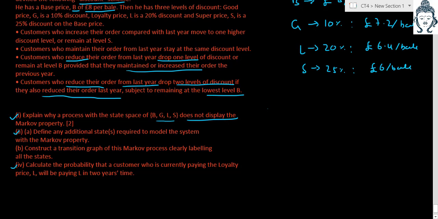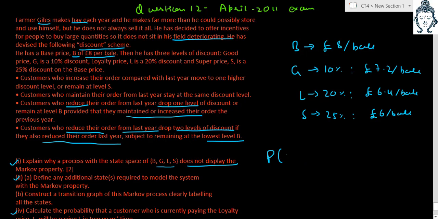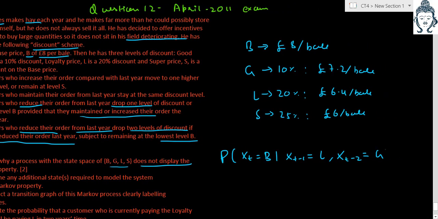So you can write this as the probability that you are at B level of discount, given that, let's call it X_t, is equal to B, given that at time X_{t-1} you were at L level of discount and at X_{t-2} you were at G level of discount, right?